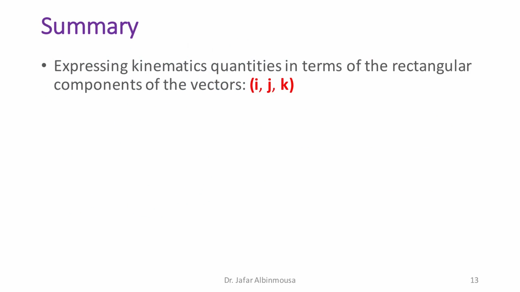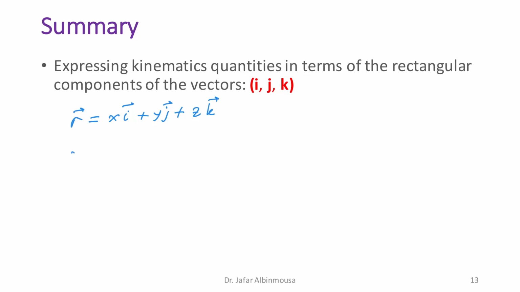Now, to summarize, we have expressed the kinematic quantities in terms of rectangular components of the vectors i, j, and k, and we wrote the equation of the position as r equals xi plus yj plus zk.